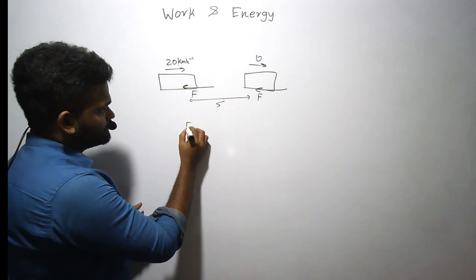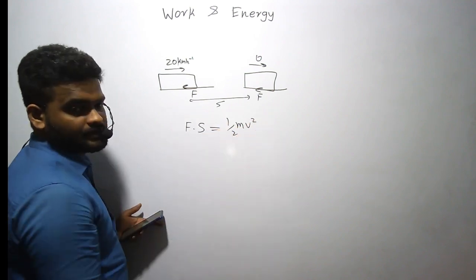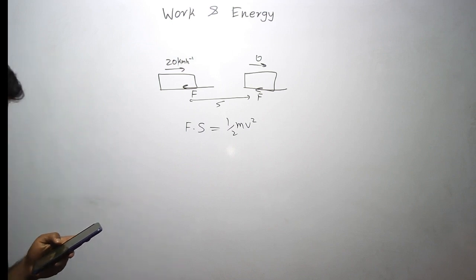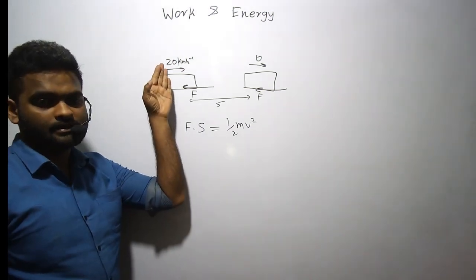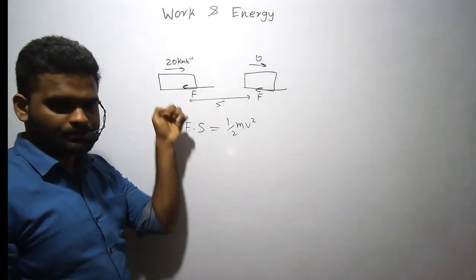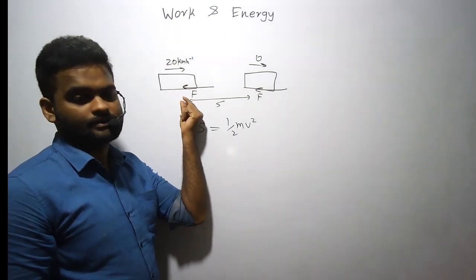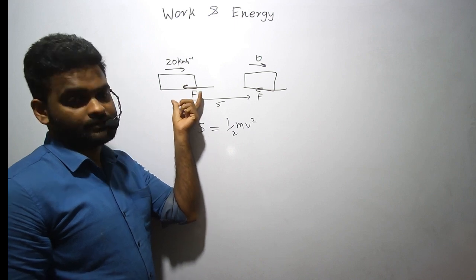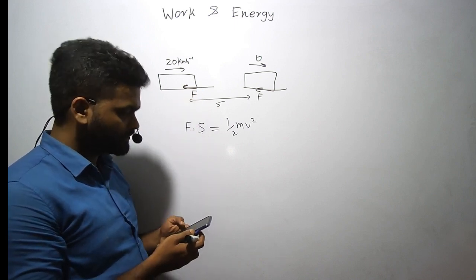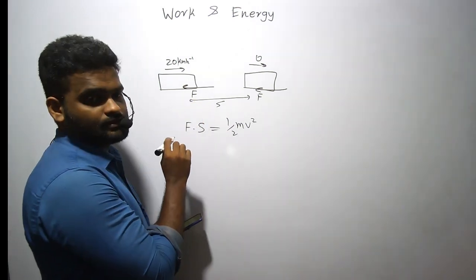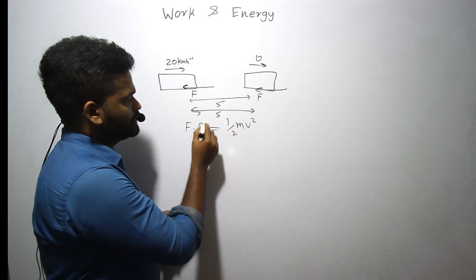So for this also, work done by resistive force is equal to half mv squared. Here, initial velocity 20, then it applies brakes. Brakes act as the resistive force. That is capital F. In the second case also, the bus stops at a distance S. So S is a constant.